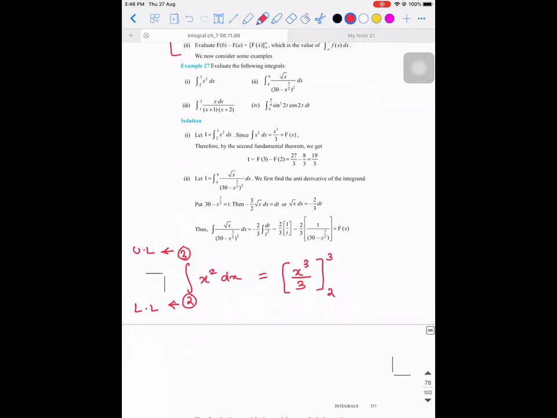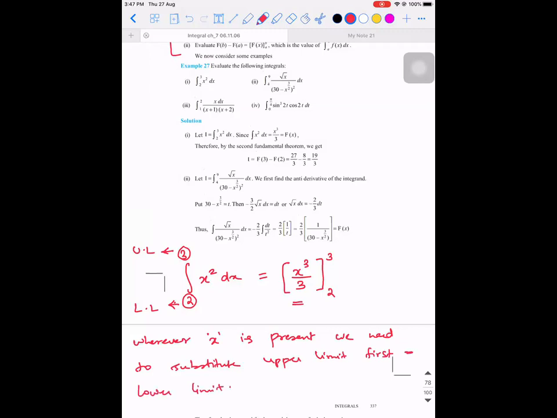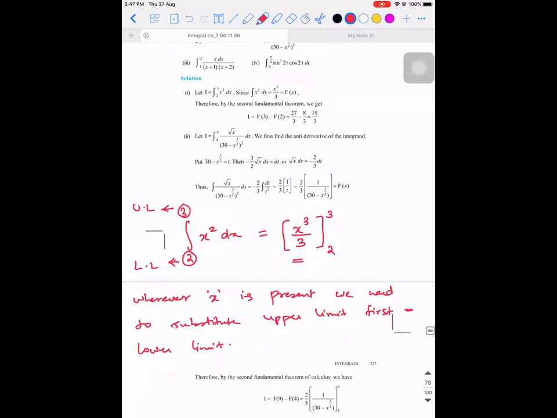Then what you're supposed to do is, wherever x is present, substitute the upper limit first minus the lower limit. So I have x cubed.